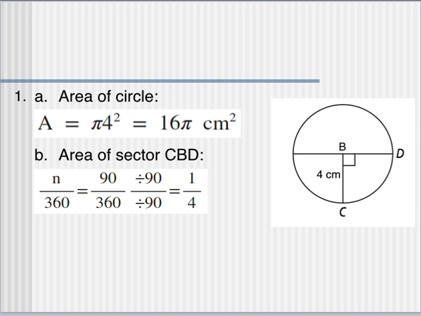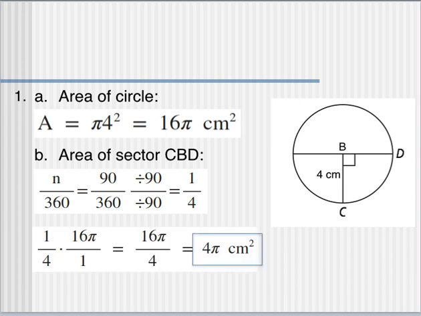So now you take that n over 360 answer and you multiply by what the total area is. So now you have 1/4 times 16 pi. This time when you multiply, it simplifies to a whole number. And then your final answer, don't forget your units. So your answer is 4 pi square centimeters.